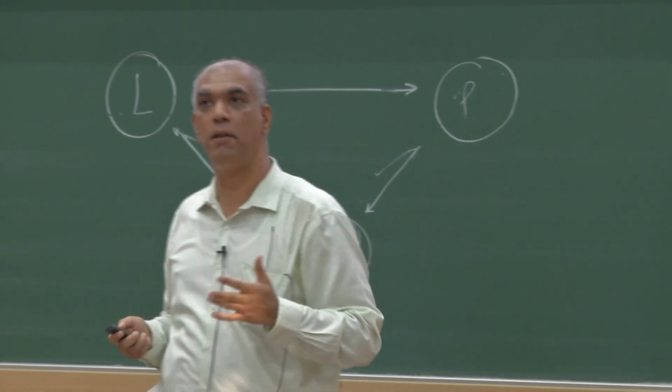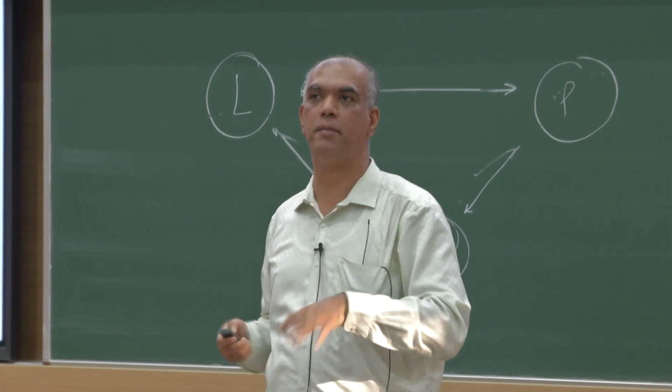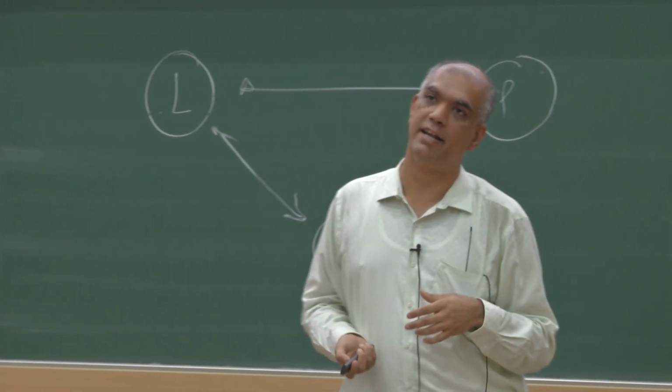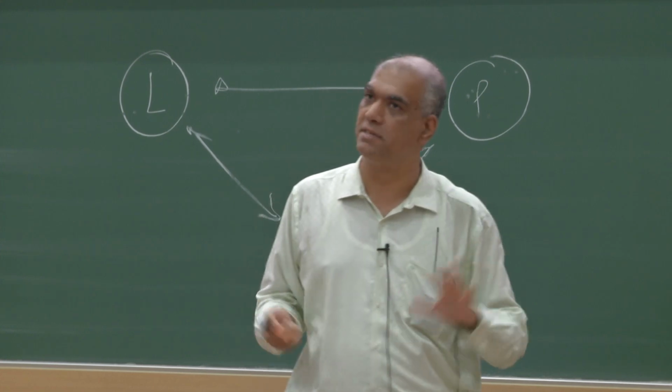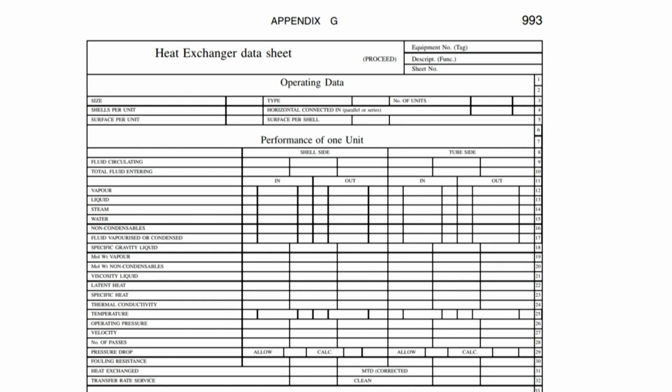Suppose you have a centrifugal pump. You've also already mentioned the efficiencies, whatever are the crucial parameters, so that you can then go and identify the right pump. So these are equipment specification data sheets. You may not do it for all small things, but at least for the major pieces of equipment, you should try to address. Take a reactor. This is like a checklist that you can tick off.